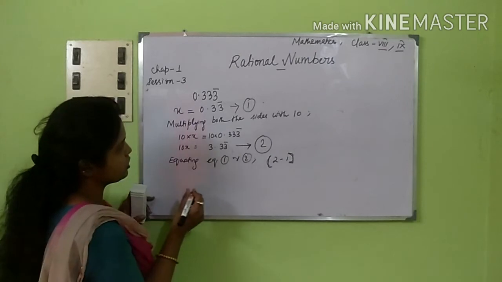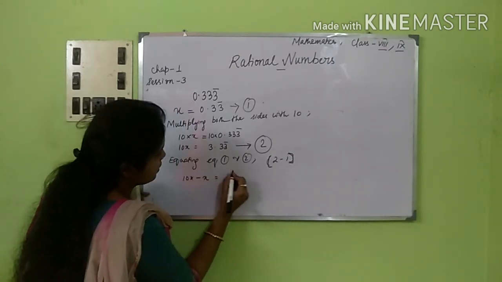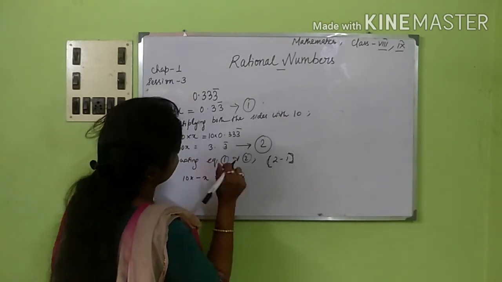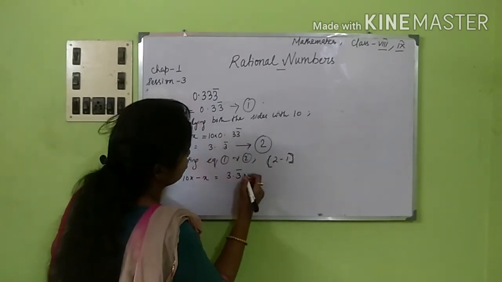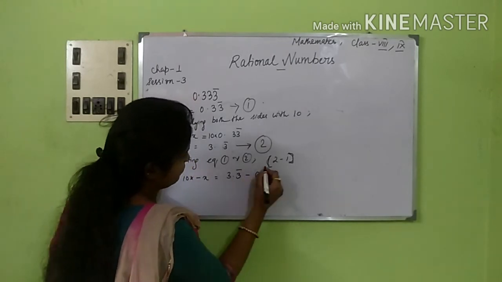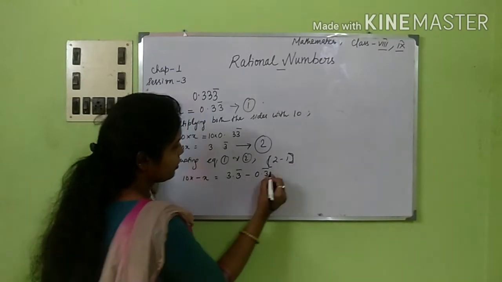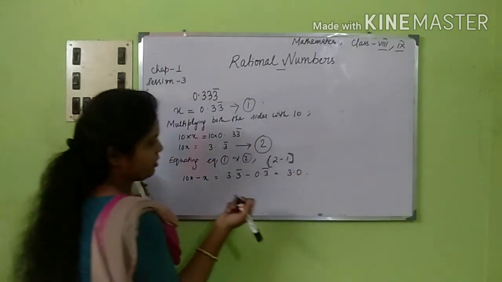In that case you will get 10x minus x equals 3.3 bar minus 0.3 bar, because this 3 bar and 3 bar are both the same, so you are getting here 3.0, you can write if you want to.